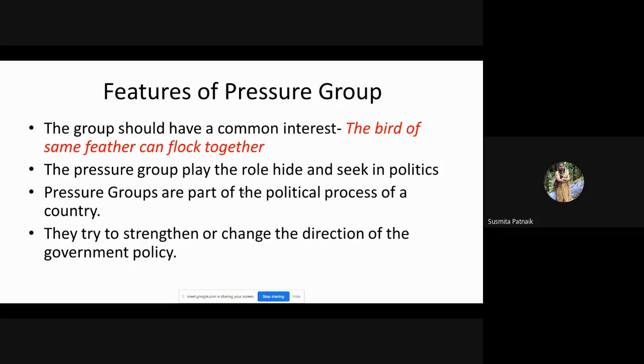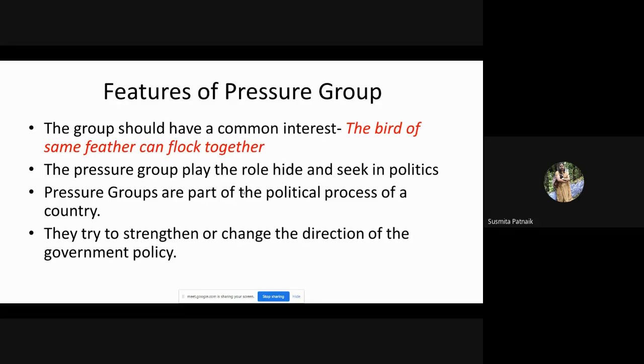They want to be an important part of the political process of a country. They want to influence public policy in favor of the public, in favor of the group, in favor of their party members.